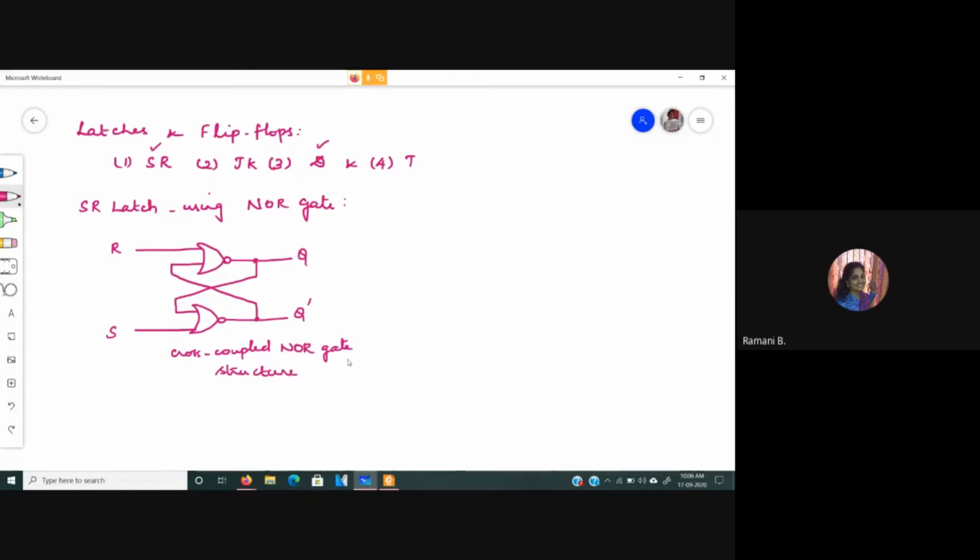So now let us see how this is going to function. Before going into this, we have to remind ourselves of the operation of the NOR gate. With a NOR gate, when you have 2 inputs, for 0, 0 the output is 1; for 0, 1 the output is 0; for 1, 0 the output is 0; and for 1, 1 the output is 0.